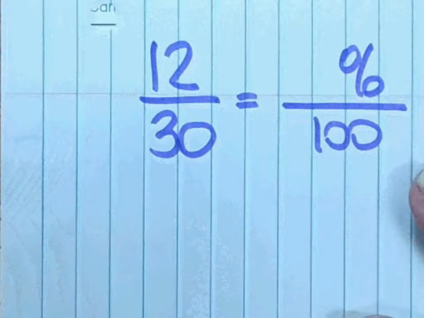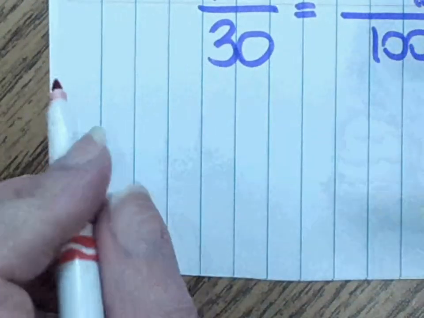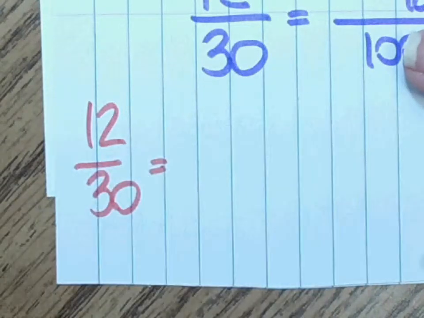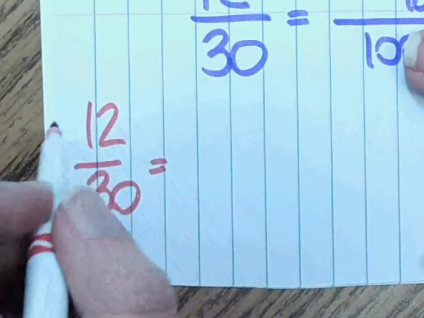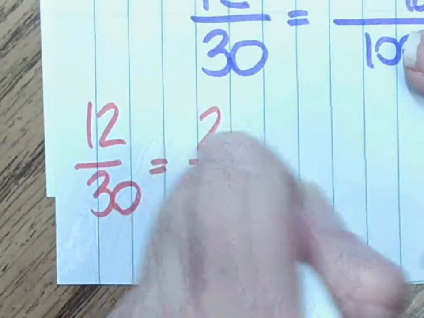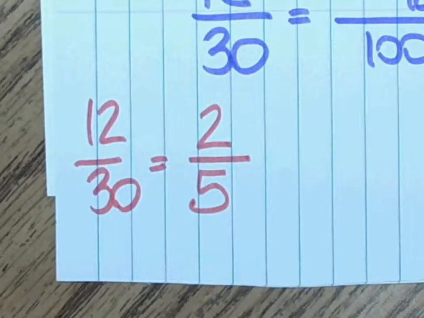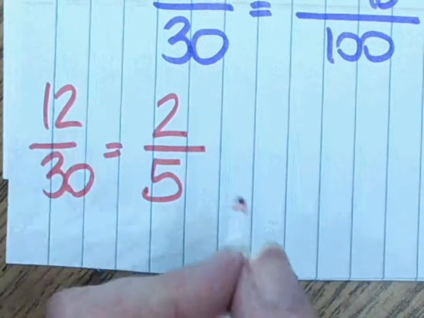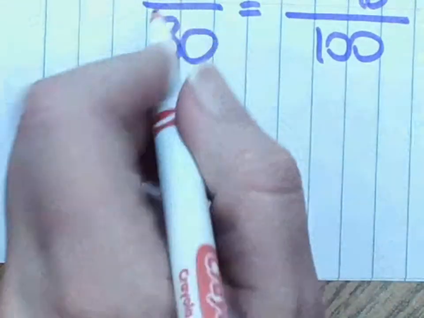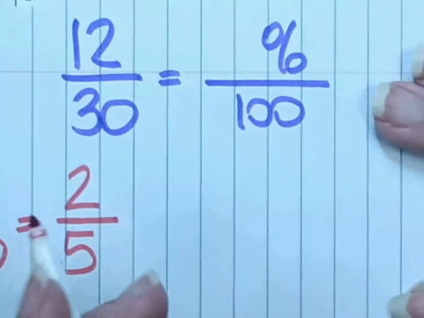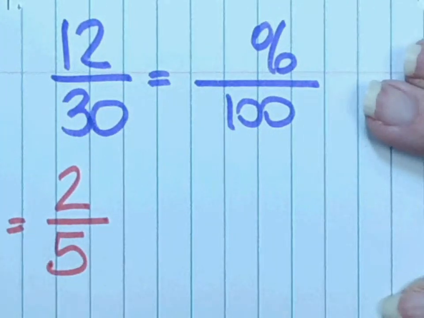So let's just take this over here. What is something I could divide 12 and 30 both by? 6, okay. So 2 over 5. Now I do know if I do that, then I could solve this problem a lot easier. So let me rewrite it using the 2 over 5.